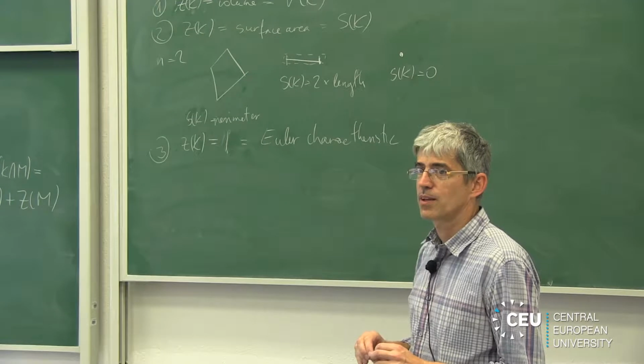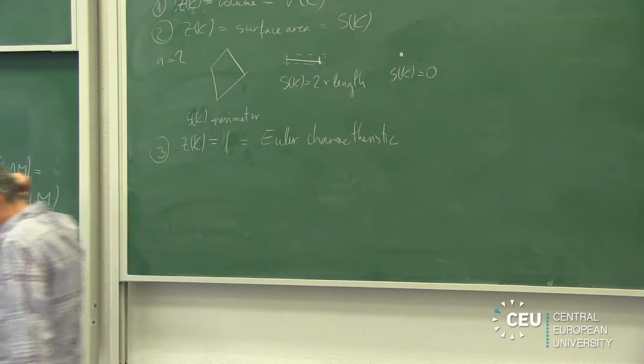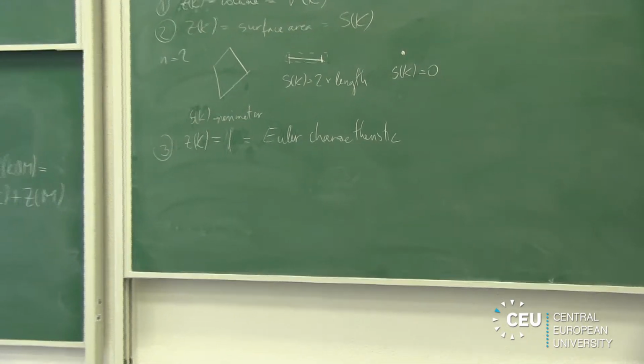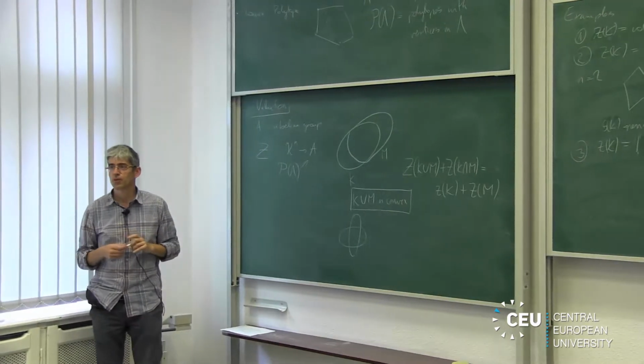Okay, so these are the typical examples for convex bodies. And naturally, it's also for lattice polytopes. But say for lattice polytopes, what could be an analog of the volume?